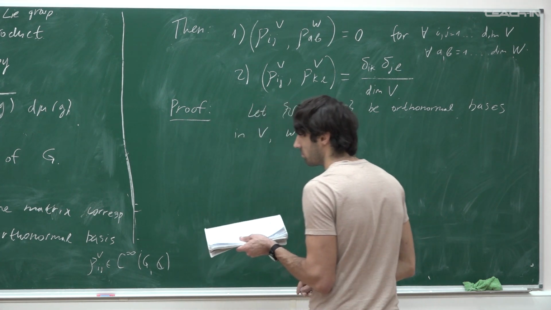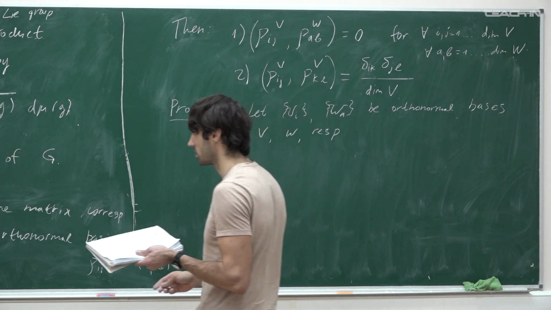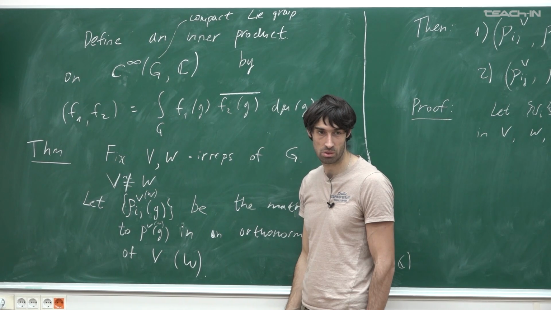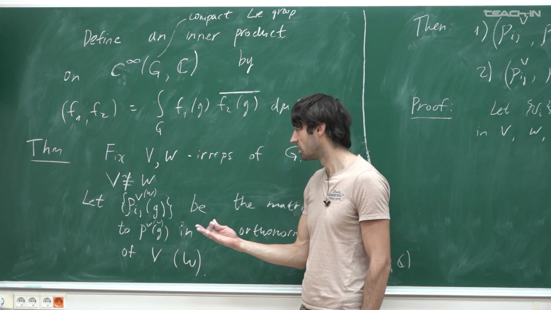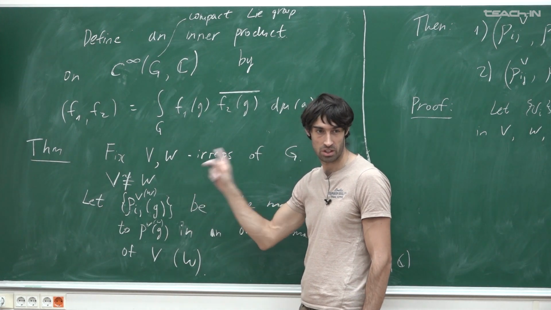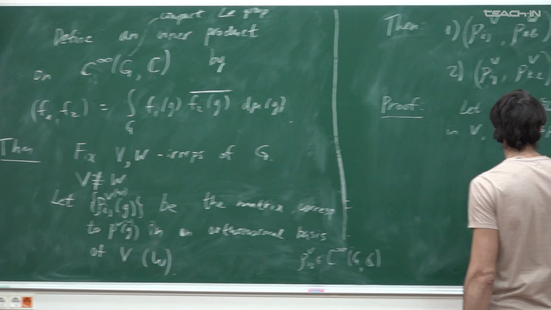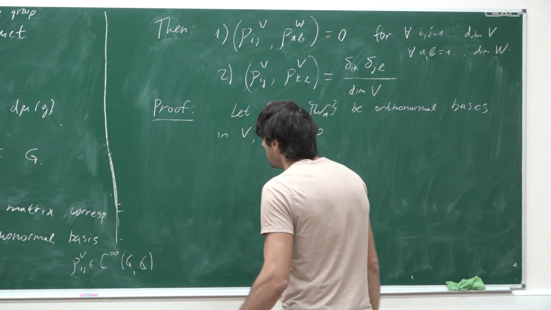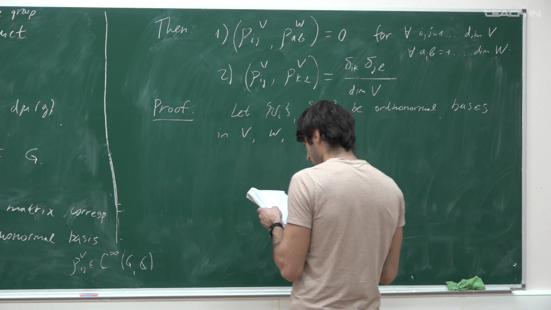Well, my group is compact, so both representations are unitary, so I can fix an inner product on V and an inner product on W, and this is some orthonormal basis with respect to the inner products that I fixed.